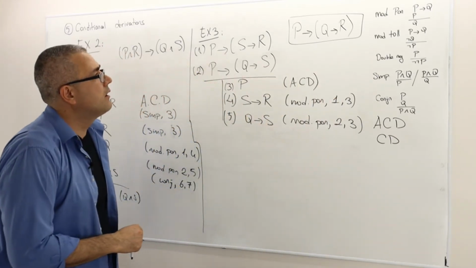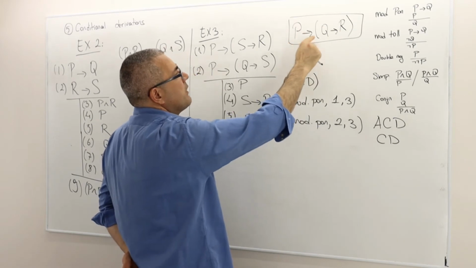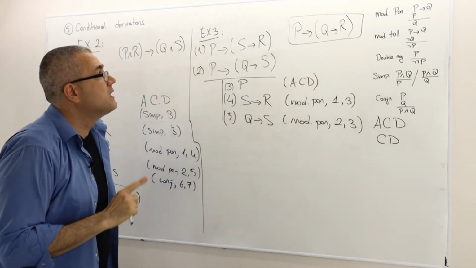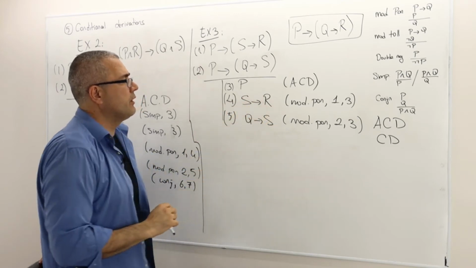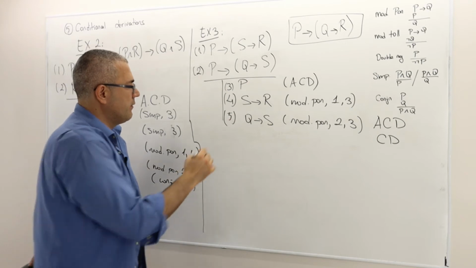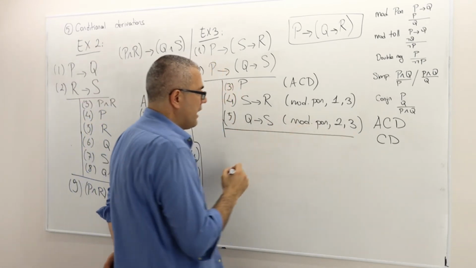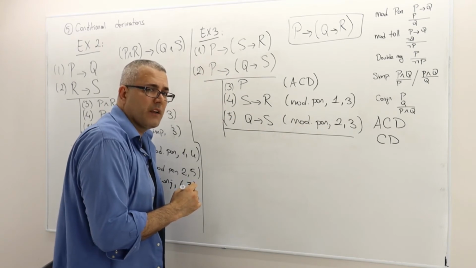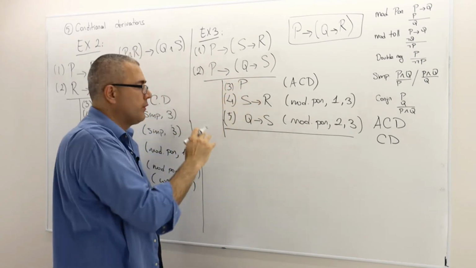So now, remember, I want to prove P implies (Q implies R). So I assumed P but I couldn't reach Q implies R yet. So what am I going to do? Well, I am going to open another box, all right? Subproof of the subproof.